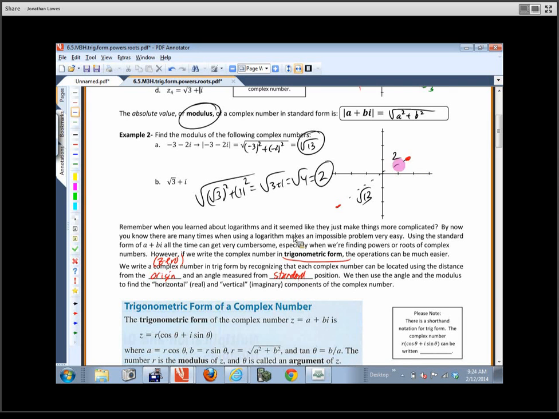This one right here, we could find that point by measuring two things. I could measure how far it is from 0, and I could measure this angle right here. Kind of like we do with vectors, a magnitude and a direction angle, except here we've got a modulus and a direction angle.